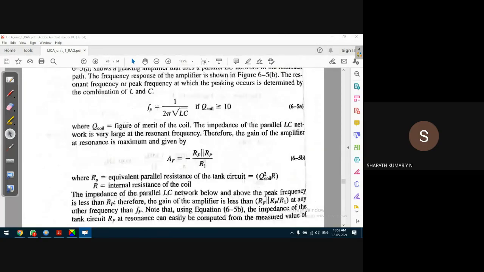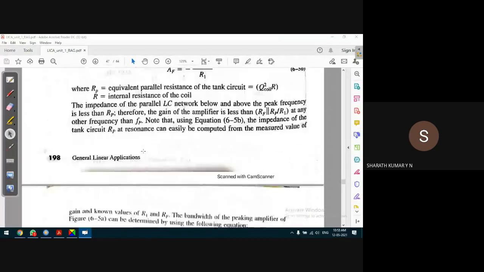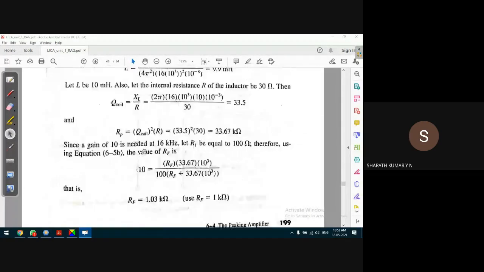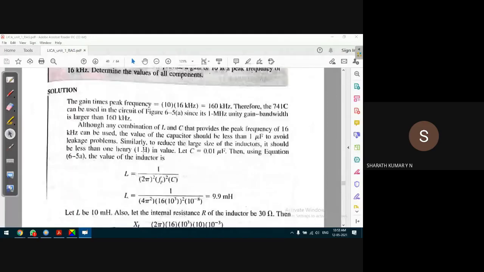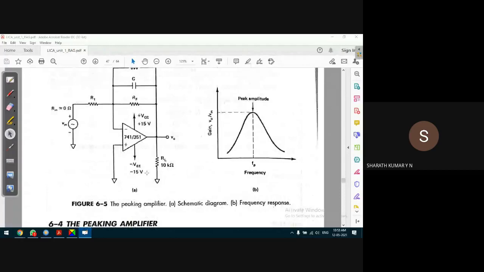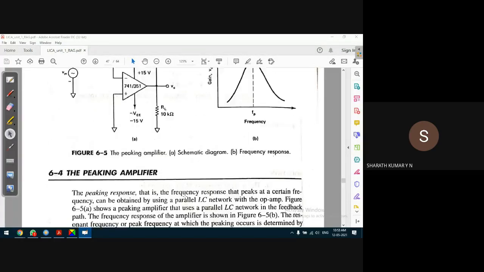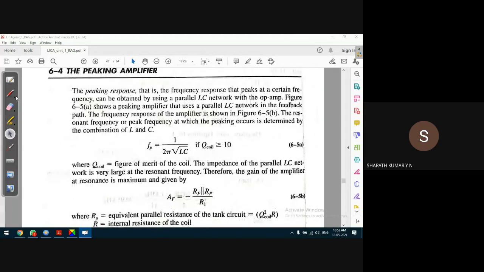Next, we have to discuss what is known as a peaking amplifier, an application of op amp. The circuit is given here, with the schematic diagram and the frequency response. Just quickly, in 2 minutes, we'll introduce the peaking amplifier and continue in the next class.